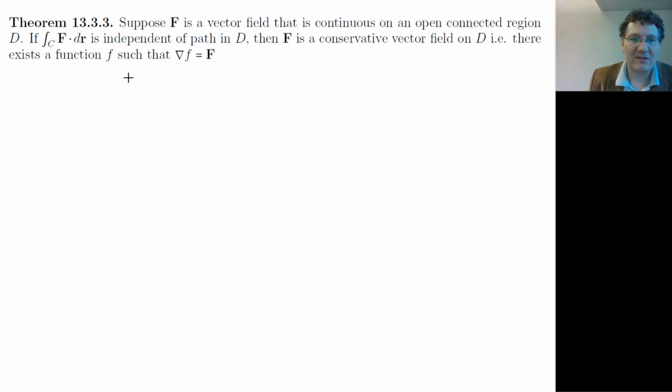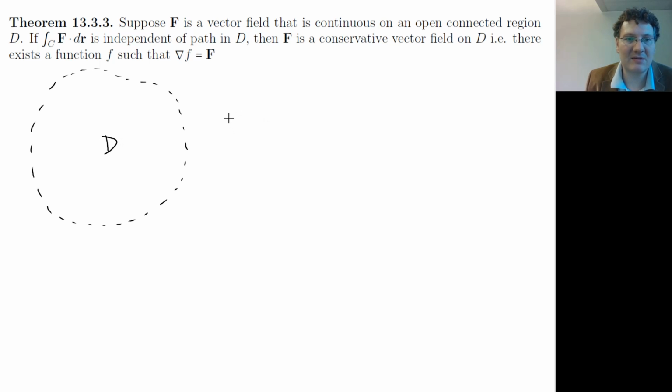So if we have some vector field F that's continuous on an open connected region D, when I say open connected, an open region does not contain the boundary, and connected means that you can draw a path from any one point in D to any other point in D without leaving the region. So connected is exactly what you think it would be.